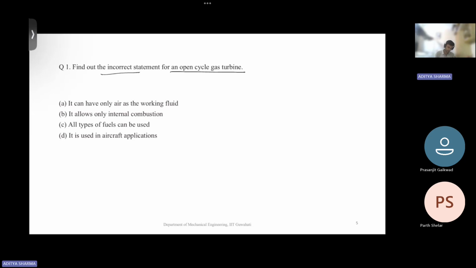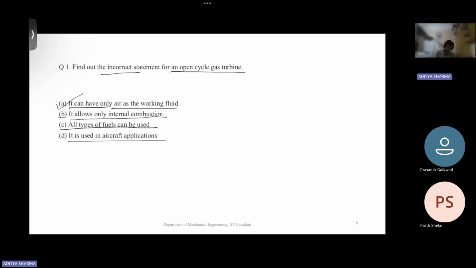So if you see your first option, it can have only air as working fluid. This is correct, right? It allows only internal combustion, right? And all types of fuels can be used.